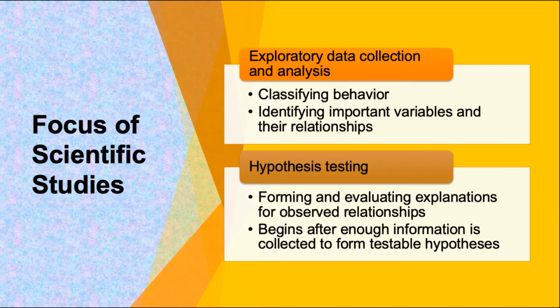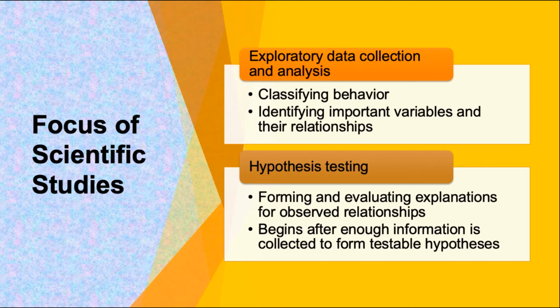Developing a testable explanation allows you to predict the relationship you should or should not observe if the explanation is correct. So keep in mind that hypothesis testing usually begins after you have collected enough information about the behavior to begin developing a supportable explanation.